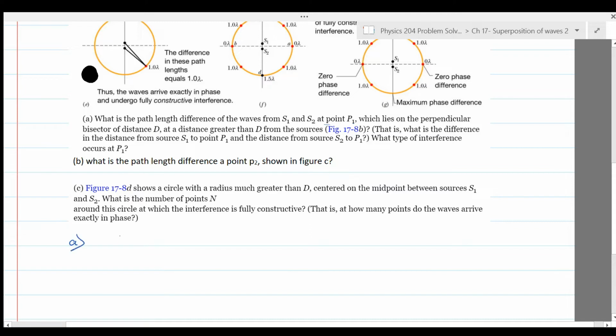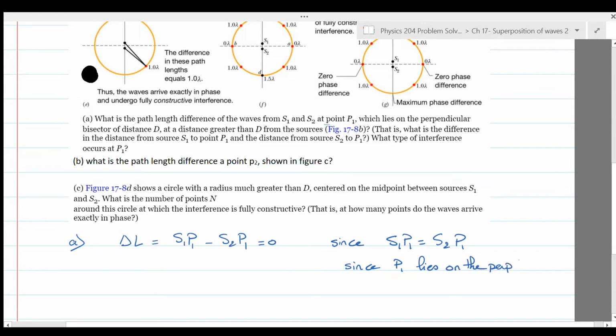So here we can now say delta L is equal to S1P1 minus S2P1, equal to 0, since S1P1 equals S2P1, since P1 lies on the perpendicular bisector of S1, S2.